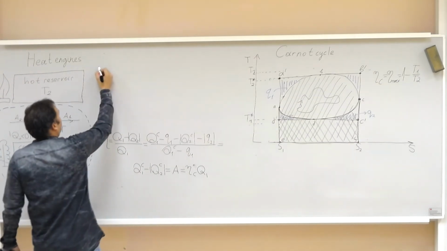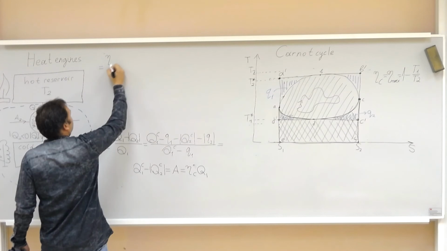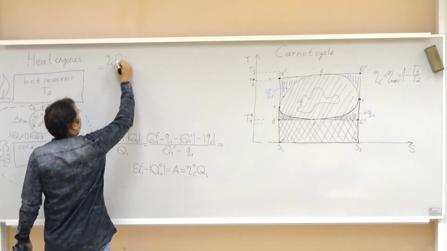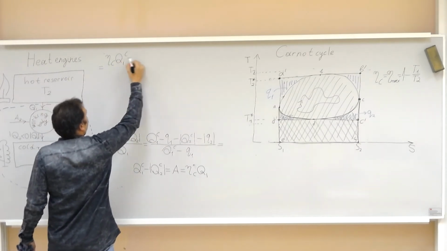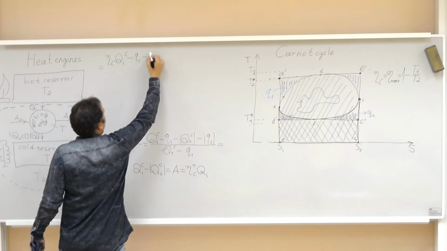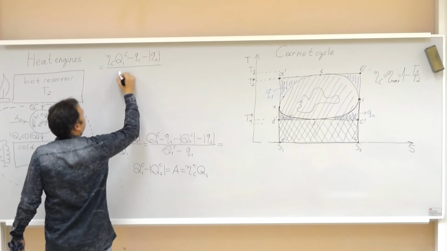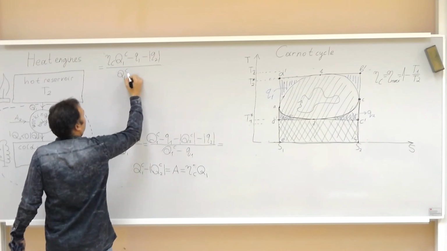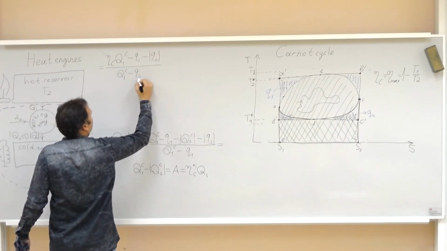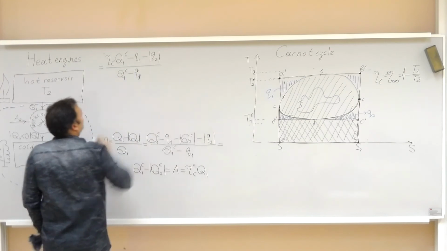And now I continue the formula. This is eta Carnot multiplied by Q1 Carnot minus Q1 minus the absolute value of Q2, divided by Q1 Carnot minus Q2 minus Q1.